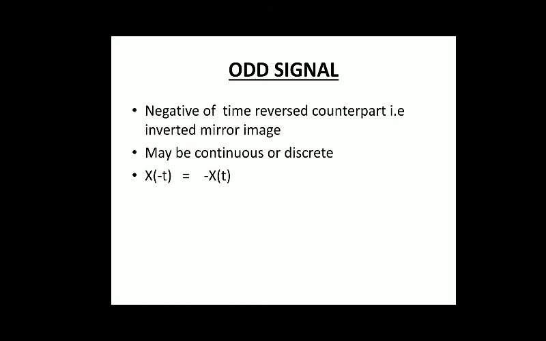If it is not, it will not be an odd signal, but not necessarily an even signal, because for an even signal it has to be plus x of t, but in some cases a given signal might be neither of them. So odd signals look like this. On the left side we have a continuous odd signal, and on the right side we have a discrete odd signal.